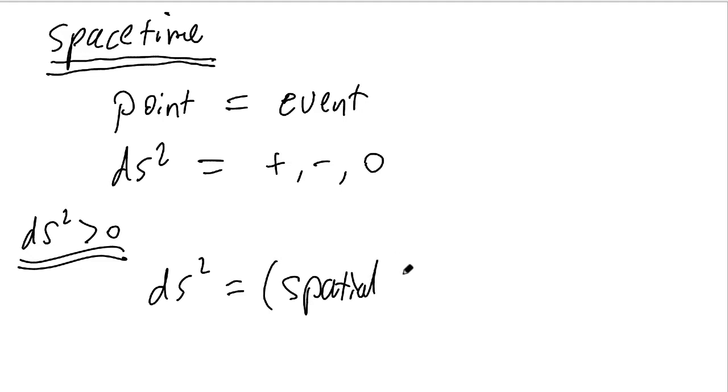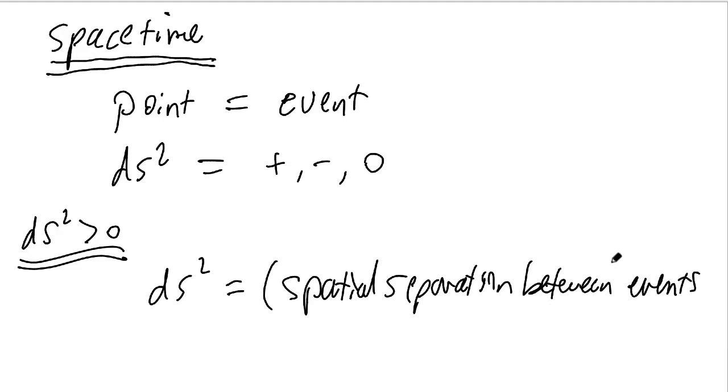Spatial separation between events as measured by an observer who sees those events as occurring at the same time.